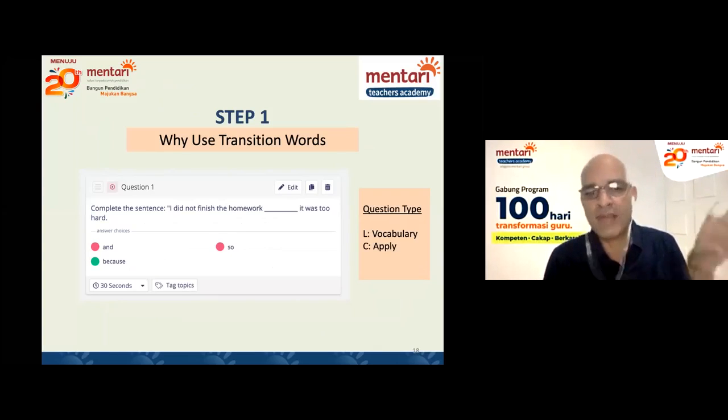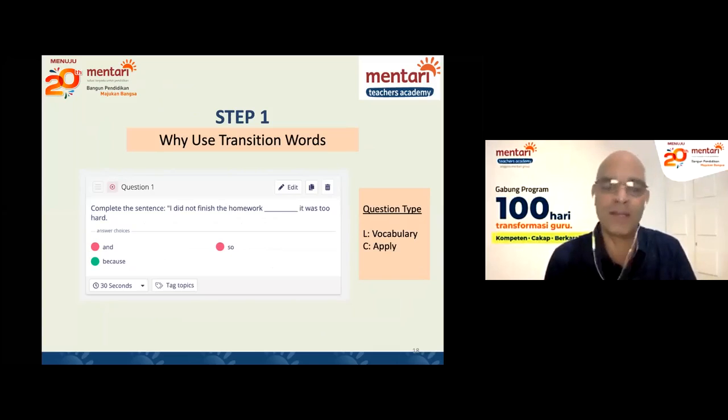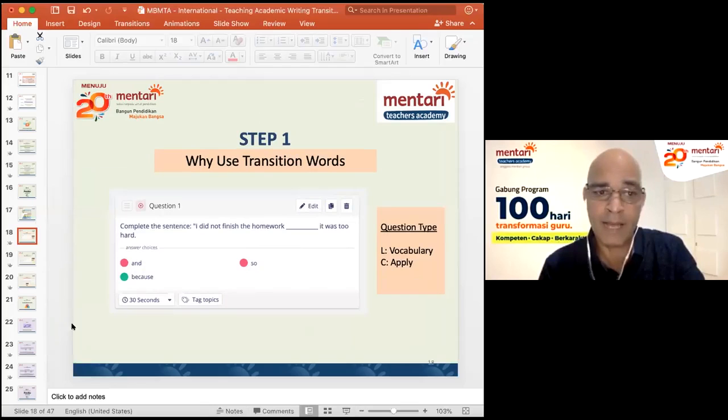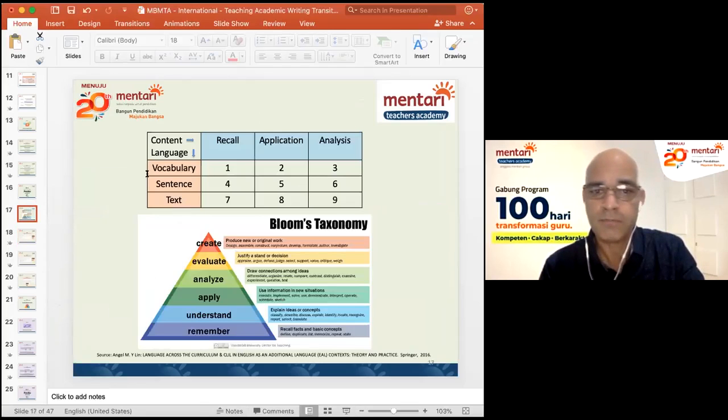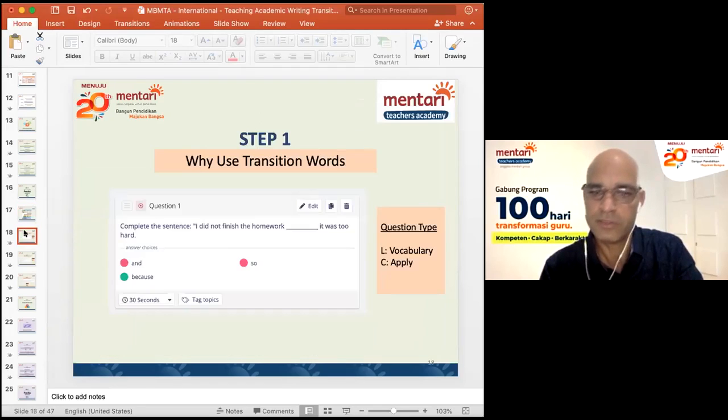Okay, I'm asking them to analyze the words and apply the one that makes sense in that particular sentence. Okay, so if I go back to my table there, vocabulary level and apply. This is a type 2 question, right? This is what I'm trying to illustrate to you.